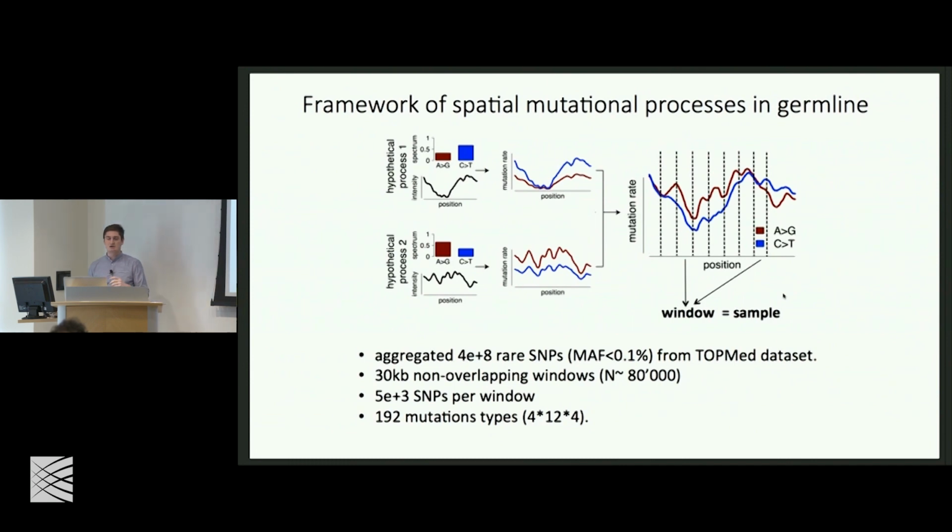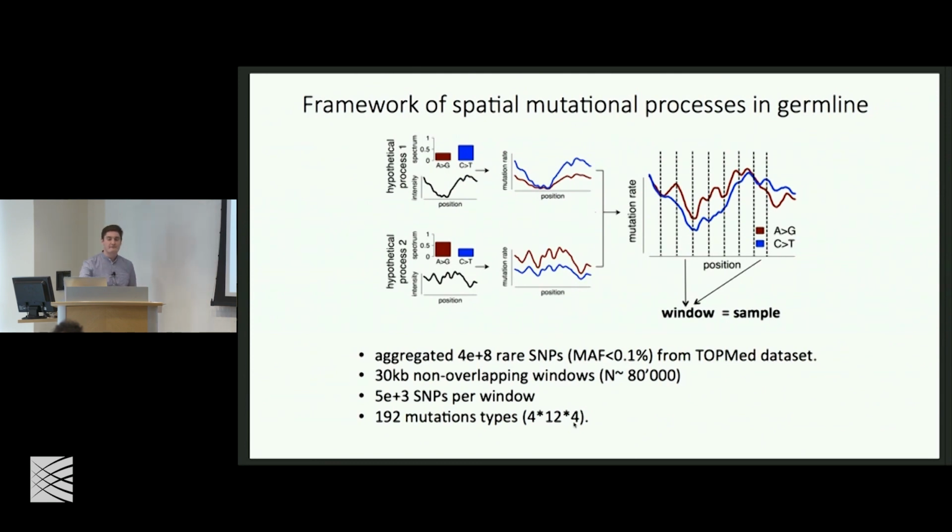And so using 30 kilobase windows, we got more than 5,000 mutations per window, and that gave us sufficient power to interpret each window as an independent sample. And so we had enough events in each window. And we considered 192 mutation types because we don't collapse complementary. We have 12 different single nucleotide mutations, and that is surrounded by 4 different possible combinations of nucleotides on the left and on the right.